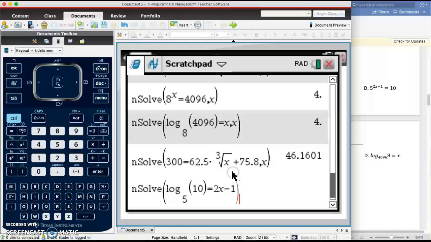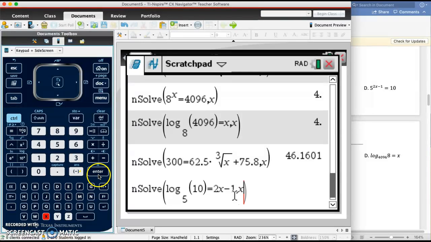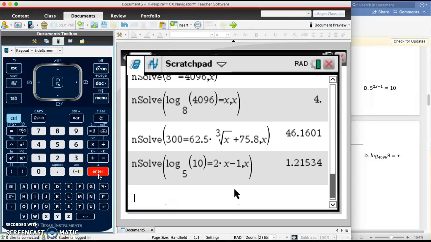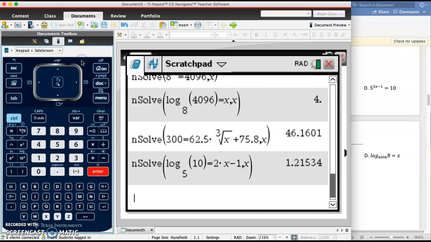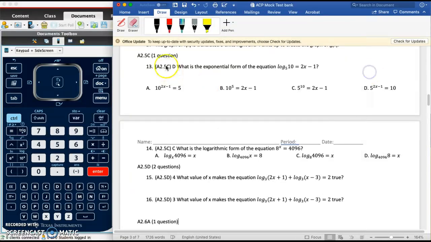Now, when you do enter, don't forget, I got to go comma x. So make sure you go comma x. You press enter, and then it gives me an answer, so I have to find another one that has the answer of 1.21534. For this sake, I'm just going to go with answer D.